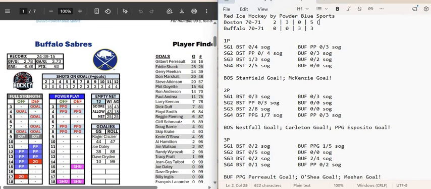Holy cow. 46 SOG for Boston's offense. My God. Buffalo had 3, 6, 7, 8, 9, 10, 11, 12, 13, 14, 19, 20, 21, 25 shots on goal. Oh my God. And that means the saves for, let's do save percentage.